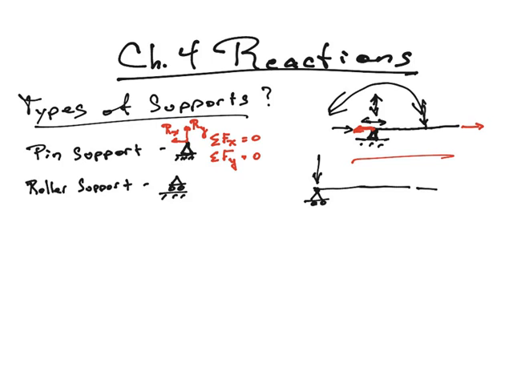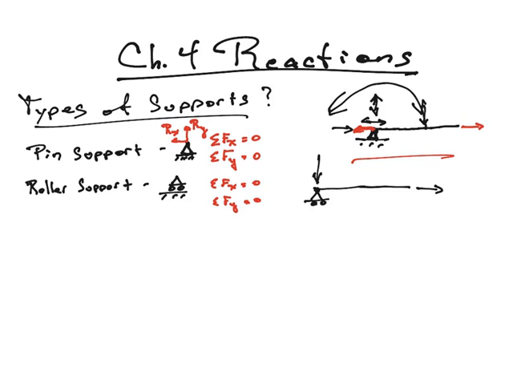However, if I try to pull to the right, because it's on wheels, it's a roller support, this thing can move left and right freely. So what does that tell me? Again, the sum of the forces in X is equal to 0, and the sum of the forces in Y is equal to 0.